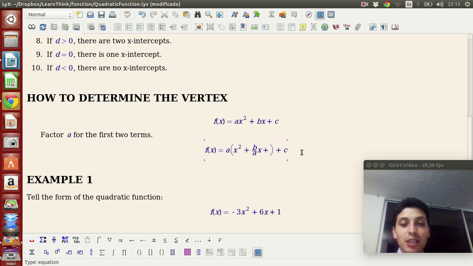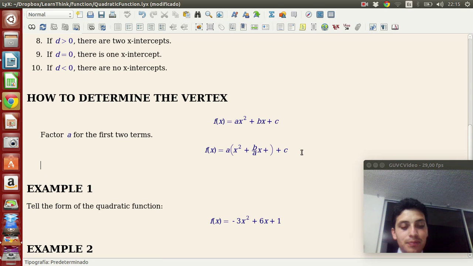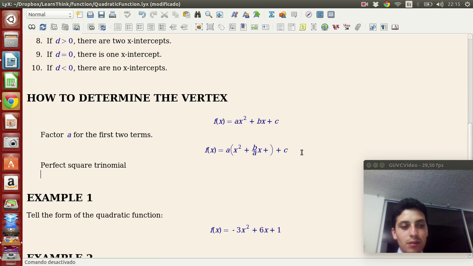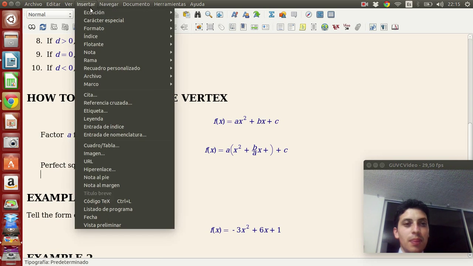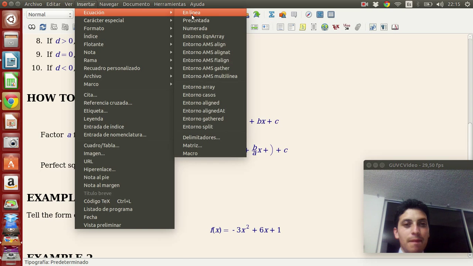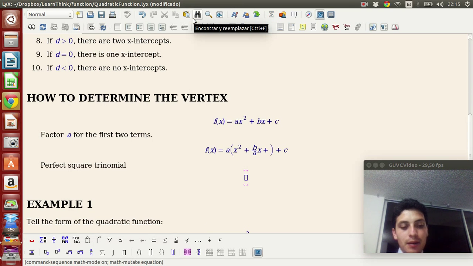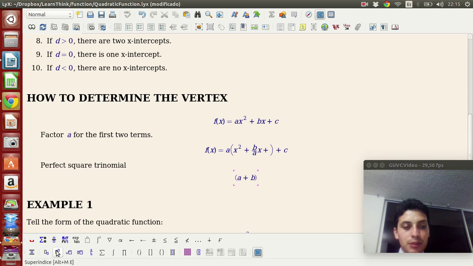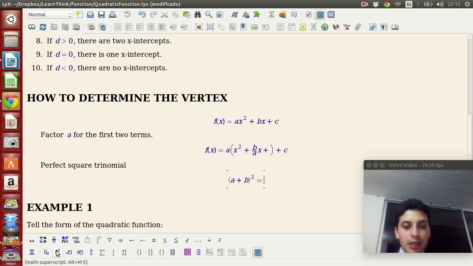Remember that a perfect square trinomial is of the form, let me write it, a plus b to the second power is a squared plus 2ab plus b squared.